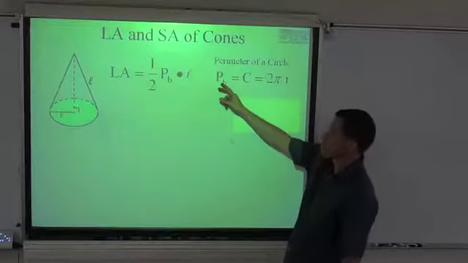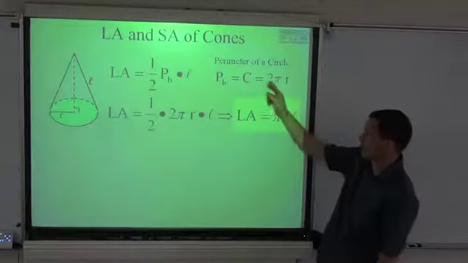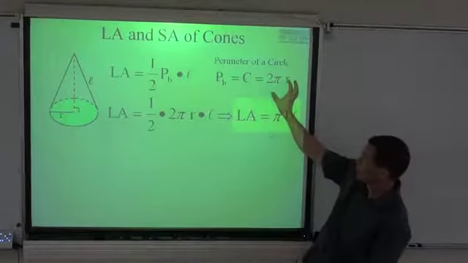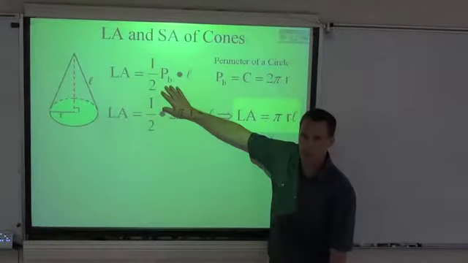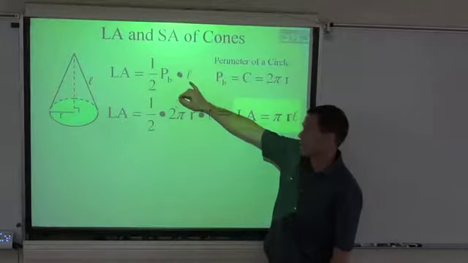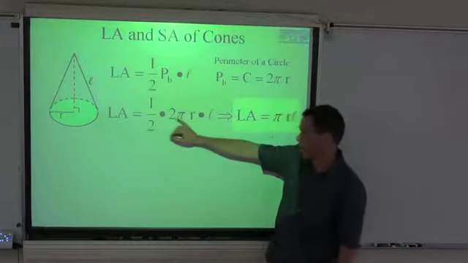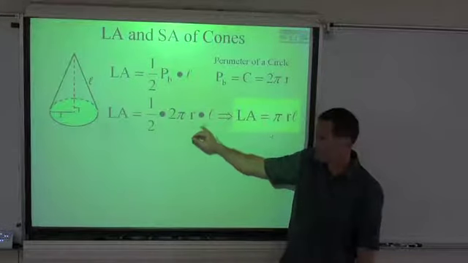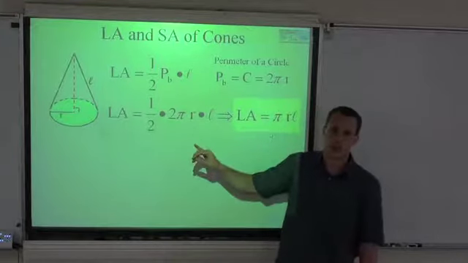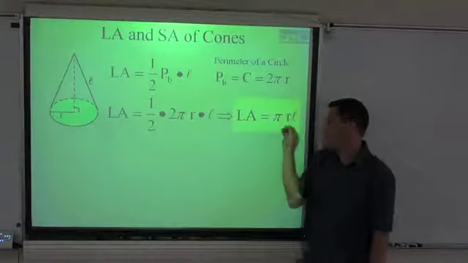So I'm going to say perimeter of base is the same thing as circumference, which is 2 pi r. So I'm going to substitute 2 pi r for perimeter of base right here: 1/2 circumference times slant height, 1/2 times 2 pi r times slant height. The 1/2 and the 2 will reduce each other out, and we will be left with pi r l.